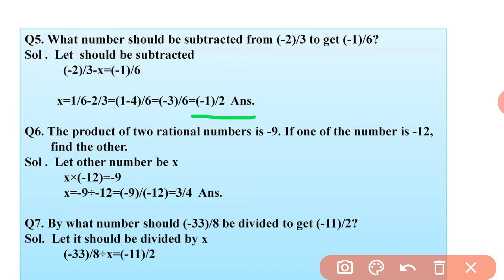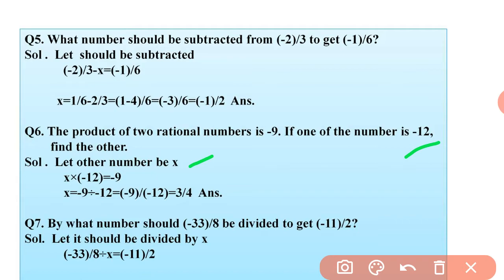The product of two rational numbers is minus 9. If one of the numbers is minus 12, then find the other. It means when we multiply two numbers, the result will be minus 9, and if one number is minus 12, then we have to find the other number. So we will consider that number is x.